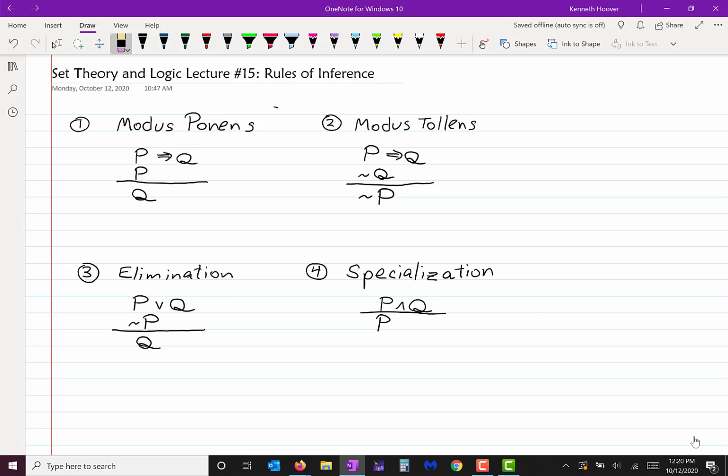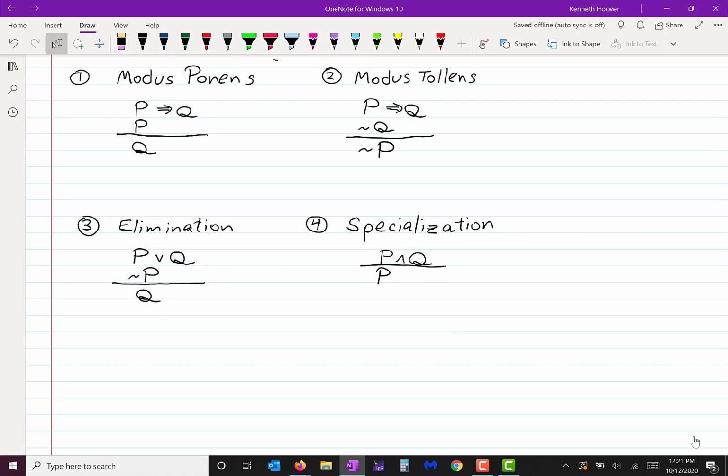What's the opposite? Well, not really opposite, but sort of the other side of the coin from specialization would be number 5, generalization. This is where you're given a statement P, and from there we can conclude P or Q. Let me fix that.